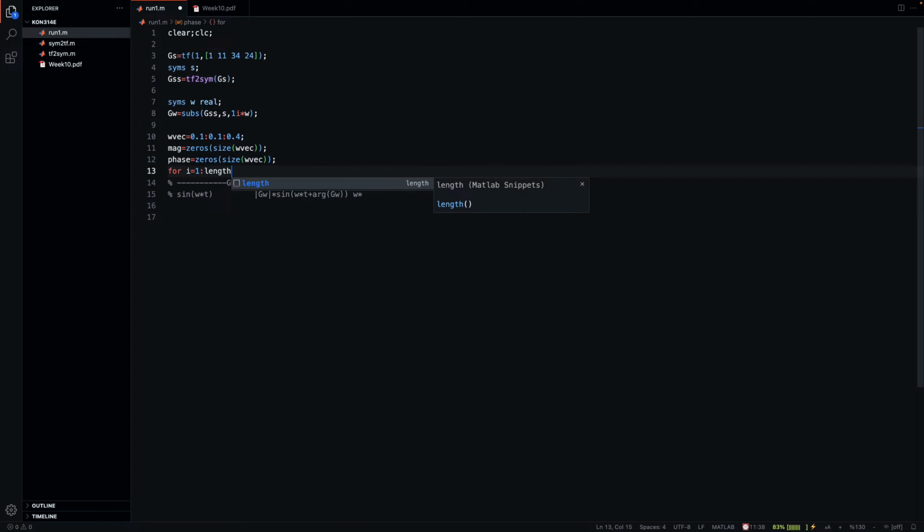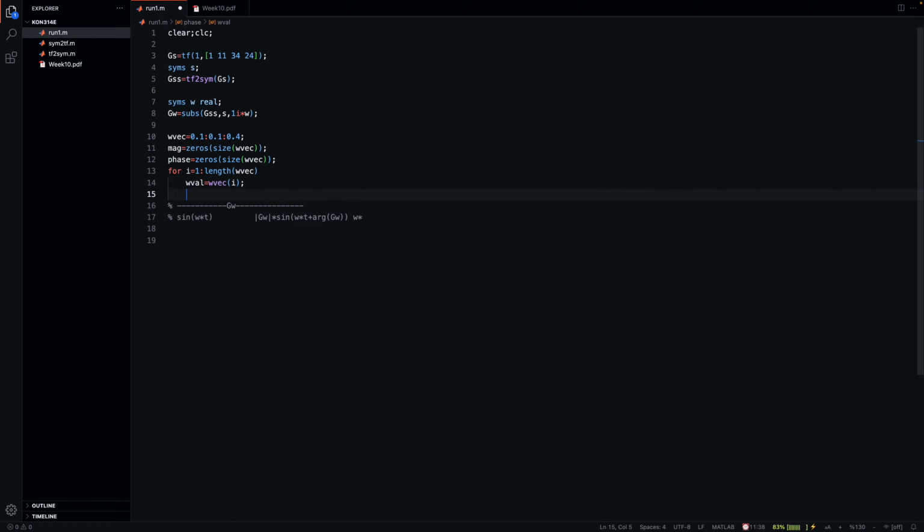Length of omega vec, and omega val will be omega vec I, and then we will have a that is going to be double substitute g omega instead of omega, omega val, and then maybe the real part of it. The same goes for b, which is going to be the imaginary part, where we call the complex number a plus bi.